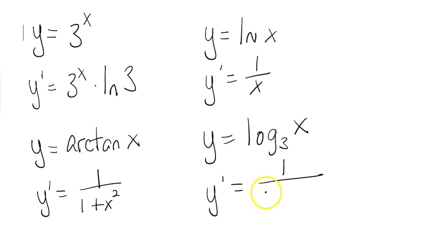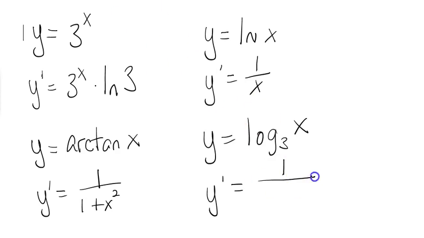Nope. 1 over x times the natural log of the base. And it might be absolute value. I'm having a brain fart. Okay, so it is not absolute value after we have checked that.